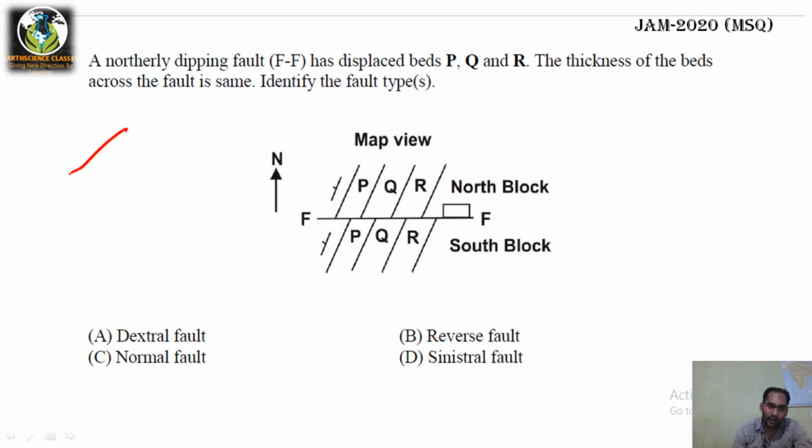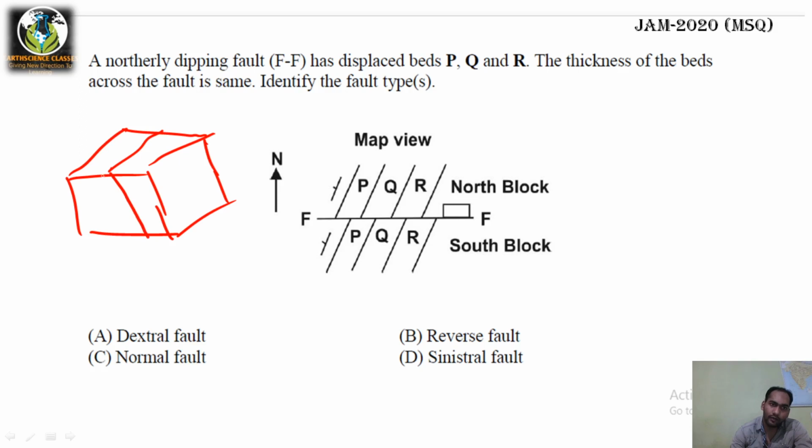I am doing it again if someone has not yet understood. This is the fault plane. This is the north block. This is the south block. The fault plane is dipping towards north. These are the contacts earlier, and the beds are dipping towards west.